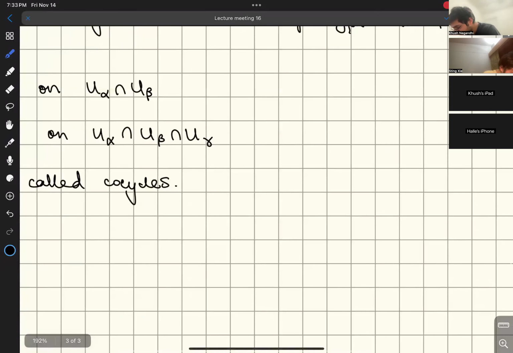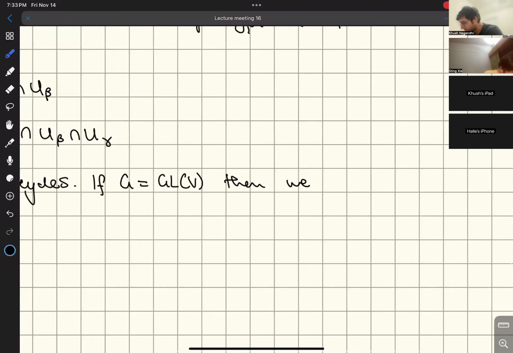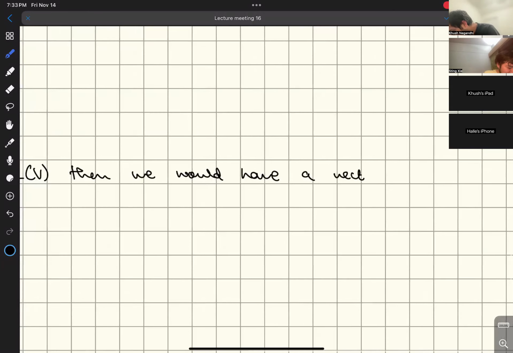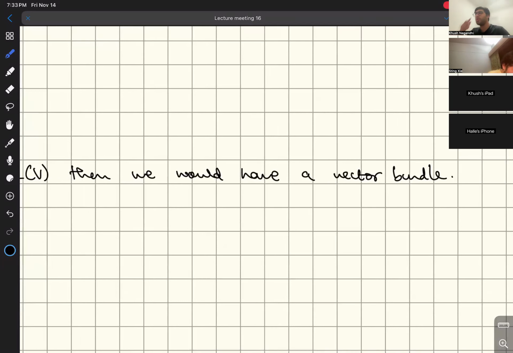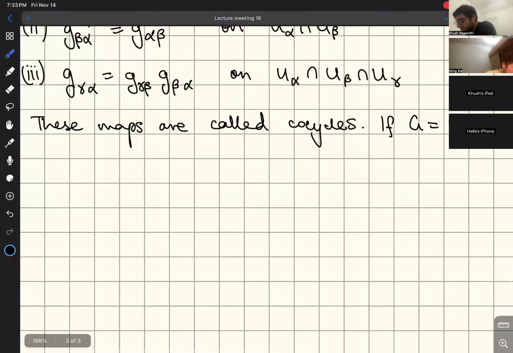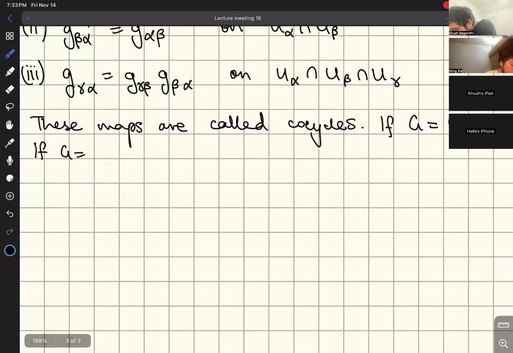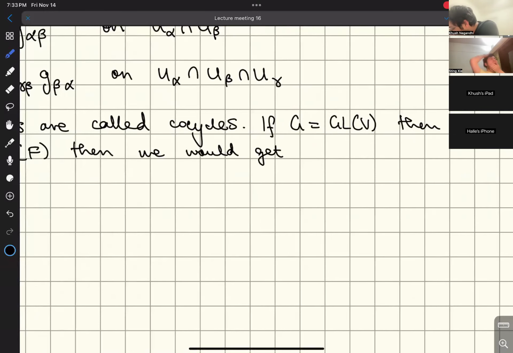So if G were equal to GL(V), then we would have a vector bundle. I'll give a more general definition of a vector bundle in just a bit. If G was the diffeomorphism group of a smooth manifold, then we would get something called a fiber bundle.